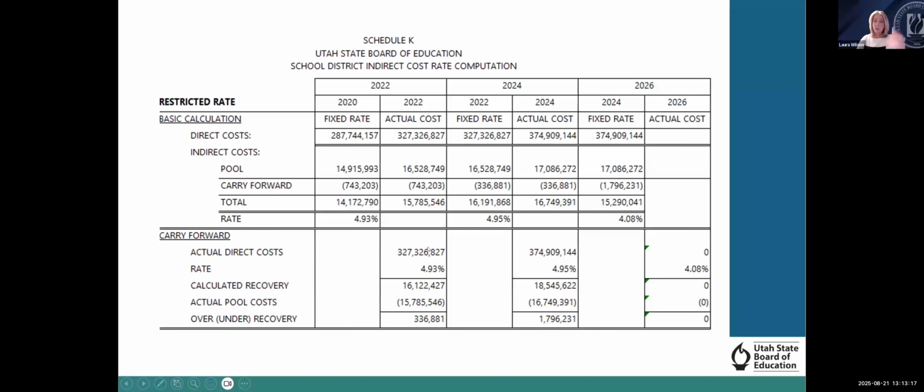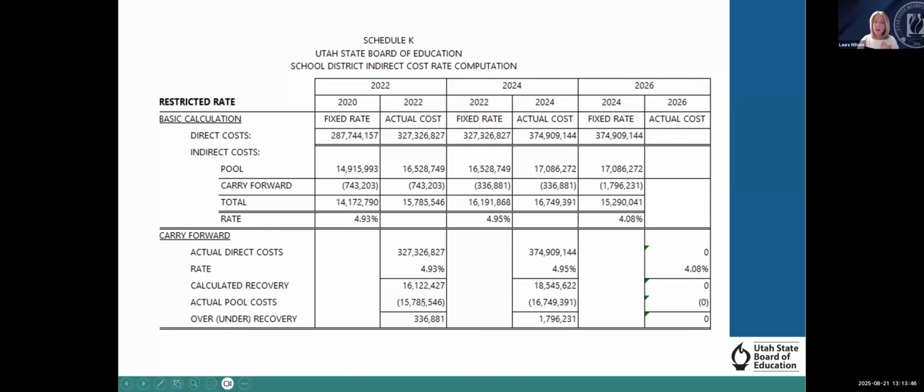So when you drop down further in this column, our actual direct costs, we multiply our 4.93% times our 2022 actual direct costs. So this calculated recovery of 16,122,427, that's what we've recovered in 2022 based on the rate we calculated in 2020.